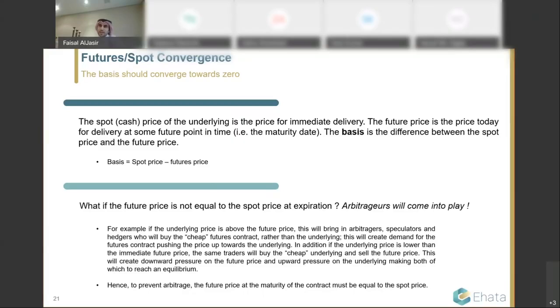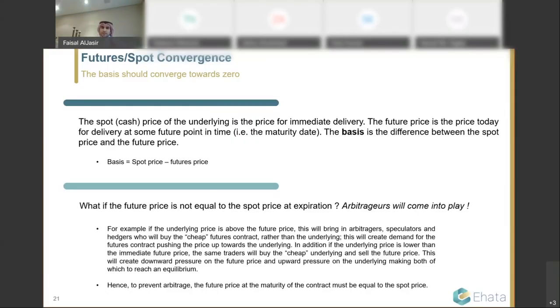So they would make a riskless profit by buying the contract that is cheap and selling the underlying that is relatively more expensive. And this is how he would be closing his position, and he would be making money. And vice versa.